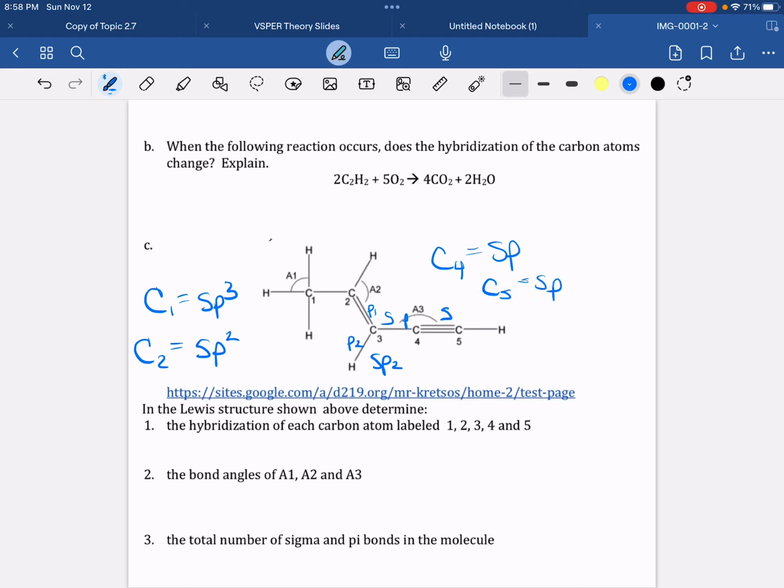sp. So essentially what you're going to do is take each of the domains and give them a letter, starting with S, P1, P2, P3.